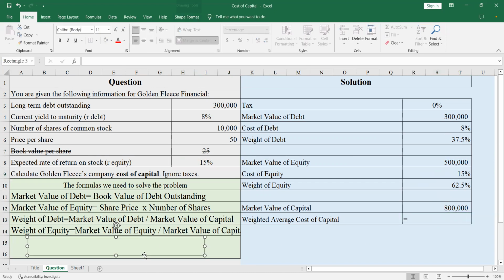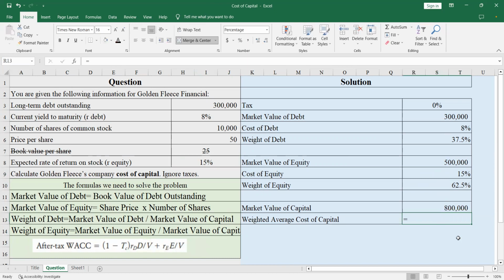The formula for the weighted average cost of capital after tax is: weight is 1 minus the tax rate.